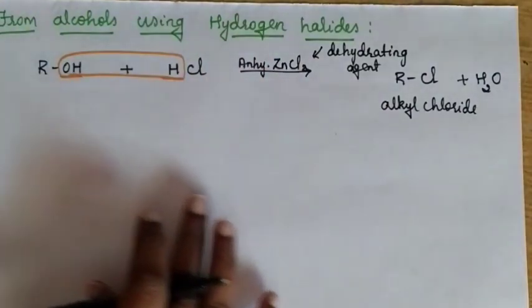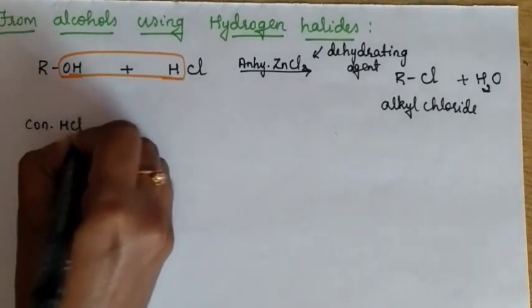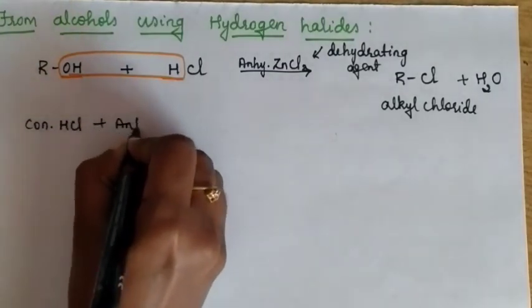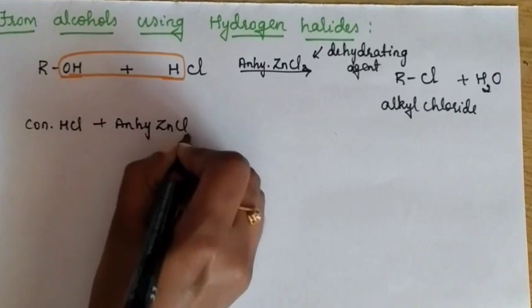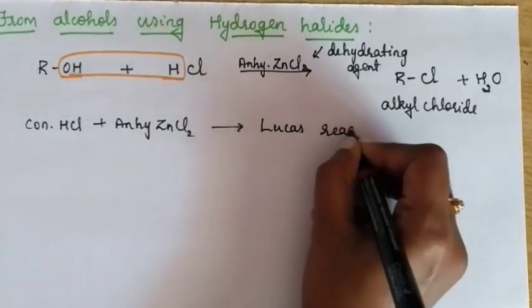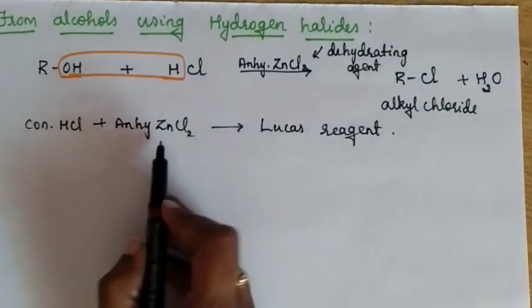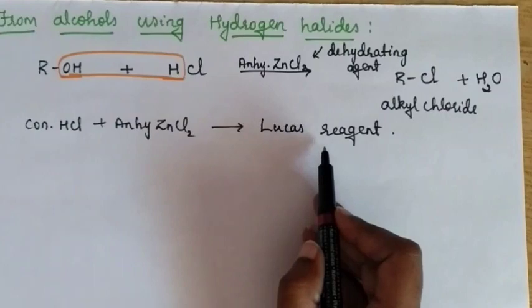And one more thing you need to remember: a mixture of concentrated HCl and anhydrous ZnCl2 is called Lucas reagent. You need to remember this, Lucas reagent.